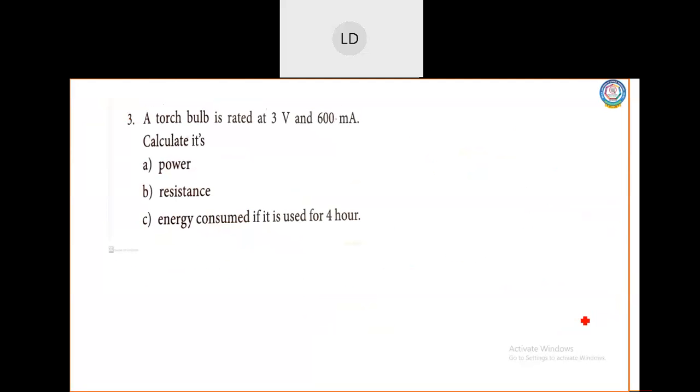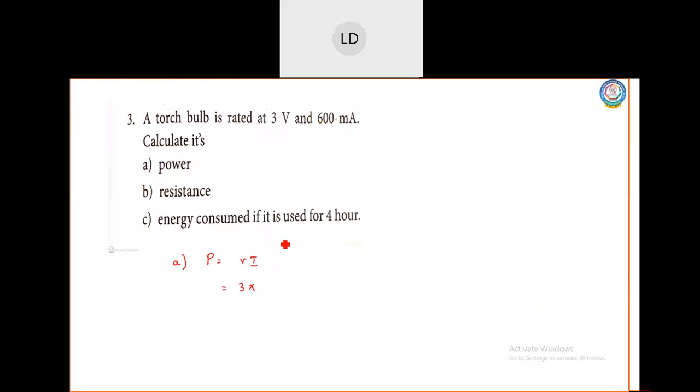A torch bulb is rated at 3 volt and 600 milliampere. Calculate its power. So this is a very easy sum, direct substitution. What is the formula for power? Power is V into I. V is given, 3. 3 into current, which is given as 600 milliampere, children.